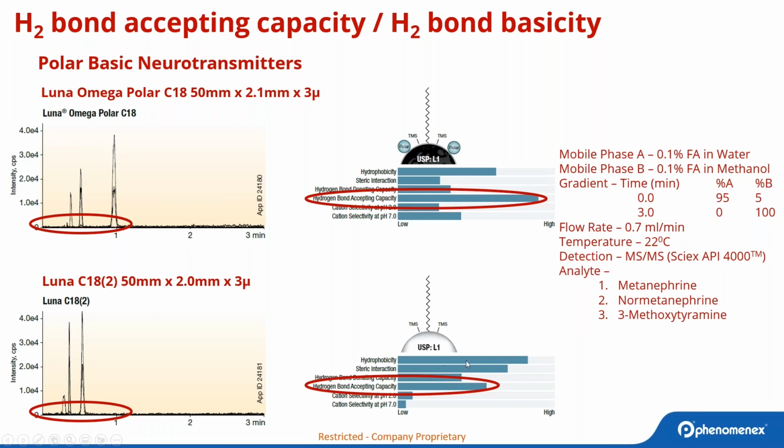So we're going to try and keep the hydrophobicity still high, but then choose hydrogen bond accepting capacity since these are very polar analytes. So then we'll go to hydrogen bond accepting capacity and this Luna Omega Polar C18, which has a polar modified surface and a C18 ligand, does provide that selectivity for us.